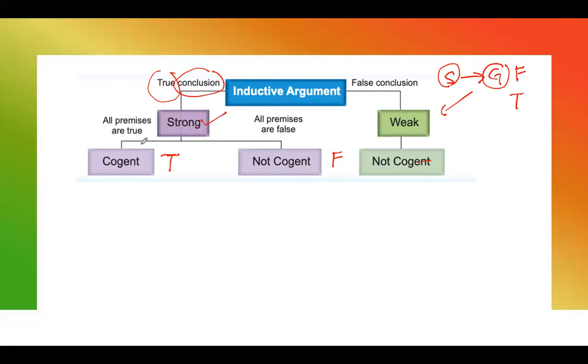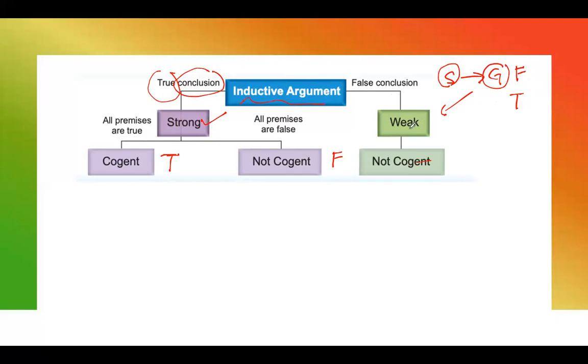But the premises determine whether it is cogent or not cogent. If the conclusion is false, then it is a very weak inductive argument, right? So the truth or falsity of the conclusion determines strong or weak. The truth or falsity of the premises determines cogent or not cogent.